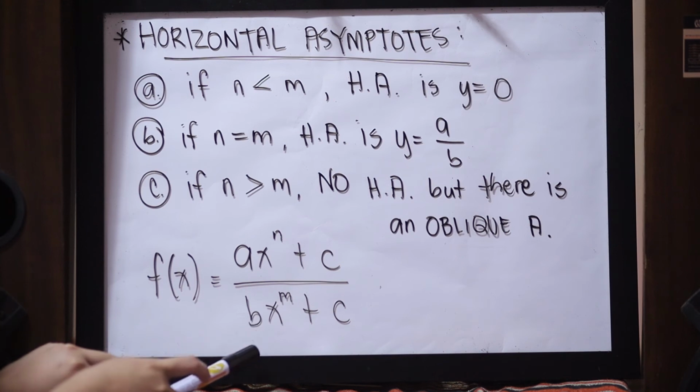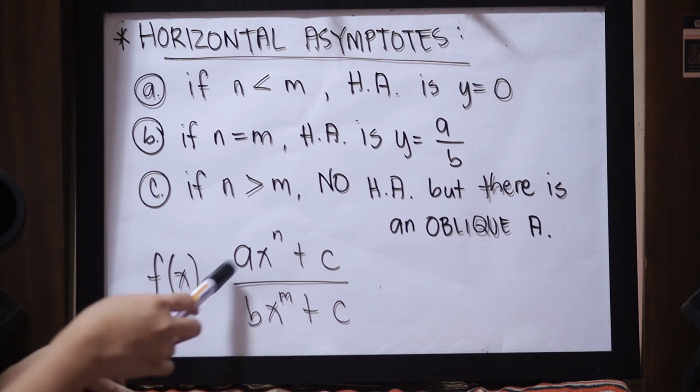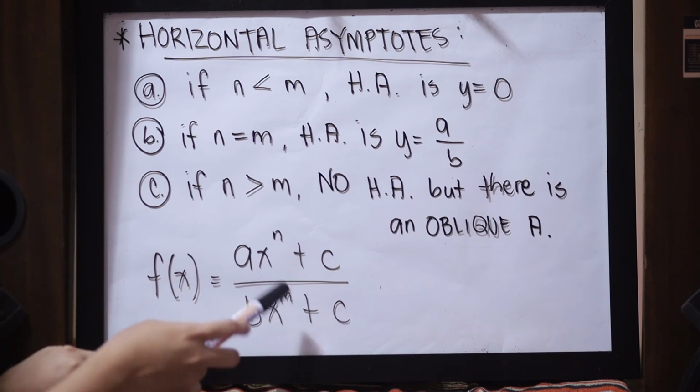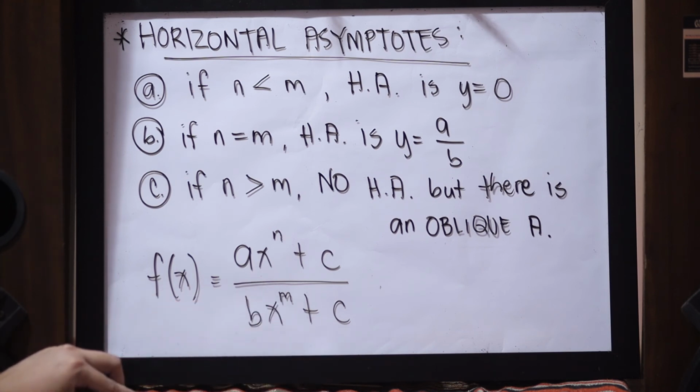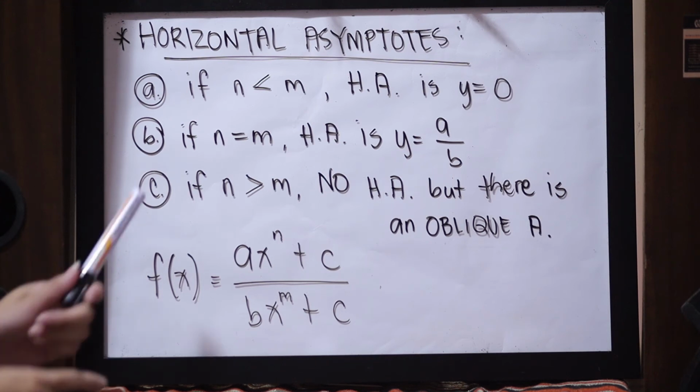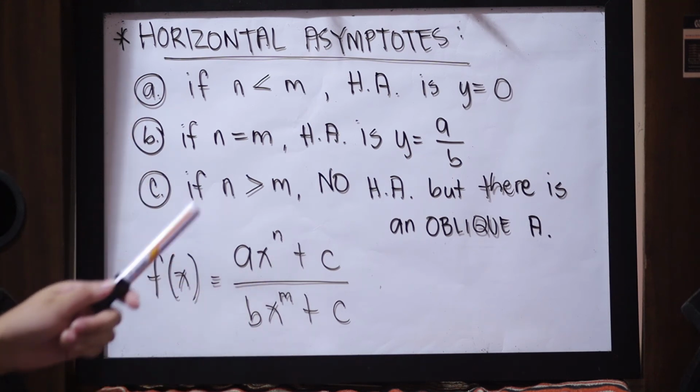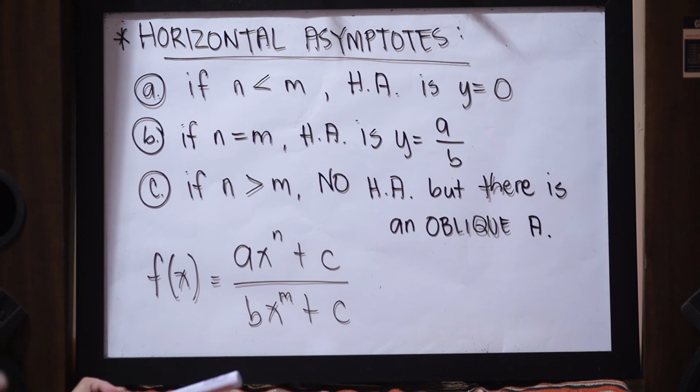And then, sa denominator naman, we have bx raised to m plus c, wherein b is the numerical coefficient of x and then m is the highest exponent in the given function sa denominator. So, ngayon, bakit tayo nag-identify nung A, nung N, yung B, at saka yung M? Kasi you will use that one in identifying the horizontal asymptotes of a given rational function.